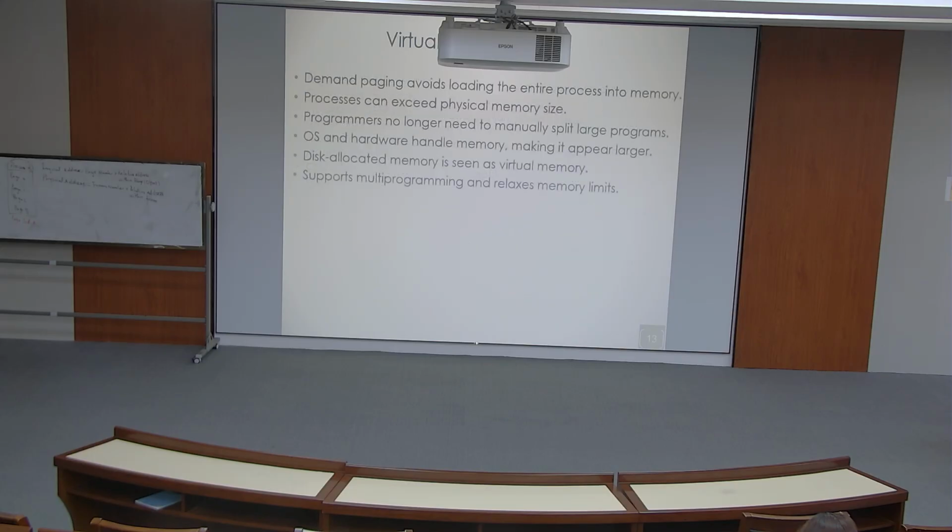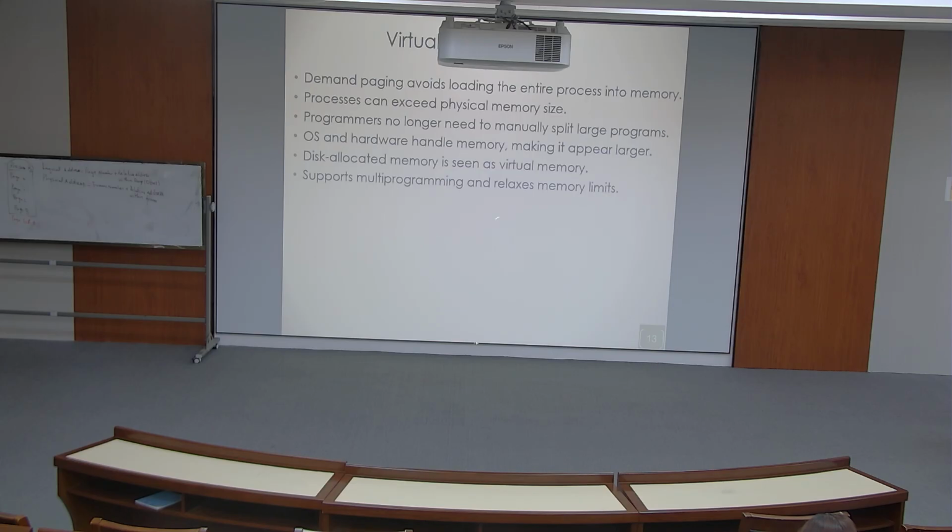Now, we're going to start with virtual memory. We have seen that the random access memory has a limited size, so that means we can't load all the processes that we have at once. Demand paging avoids loading the entire process into the main memory, but we have seen that processes can exceed the physical memory size.